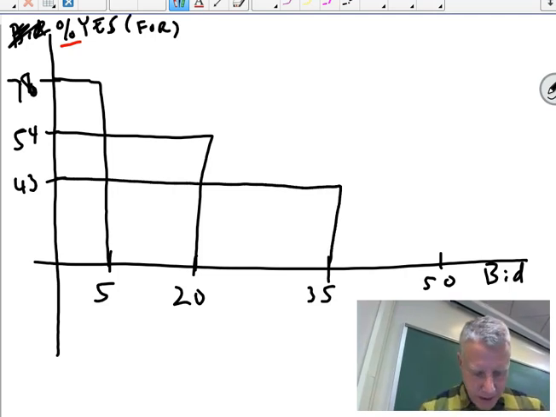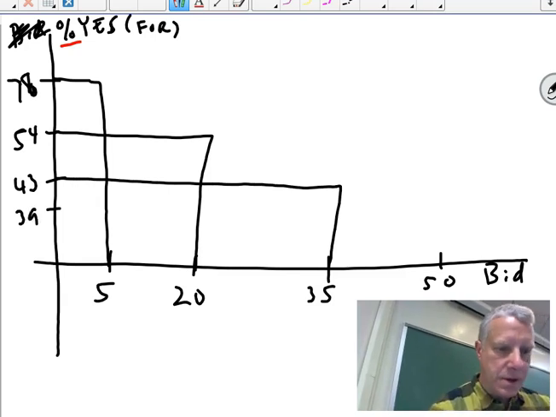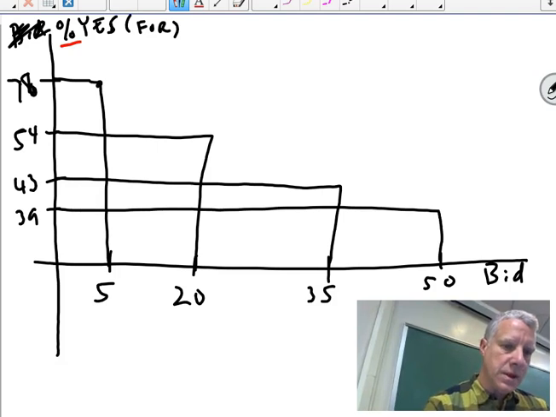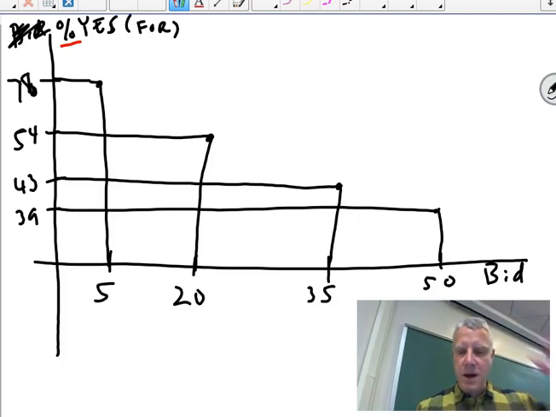And when the bid is 50, we're at 39% yes. So if you look at these dots, the relationship between the bid amount and the percentage yes is negative, which indicates that the survey respondents are rational when faced with higher cost.